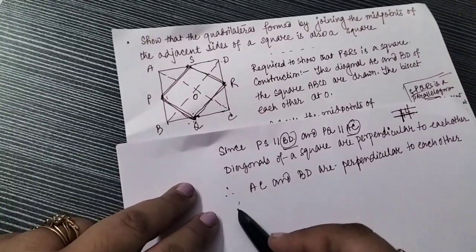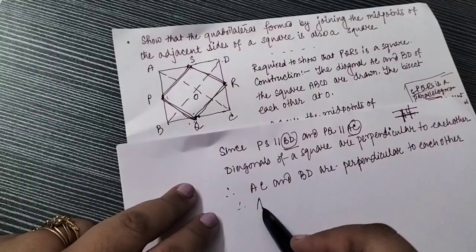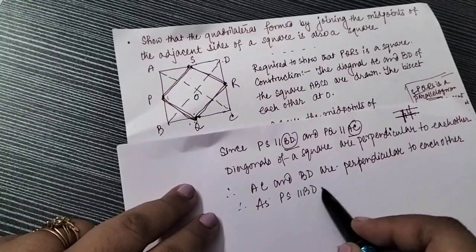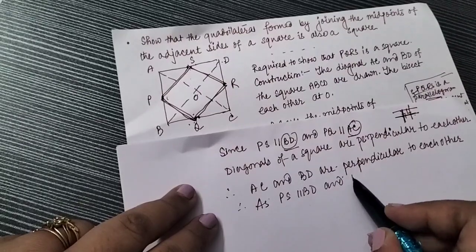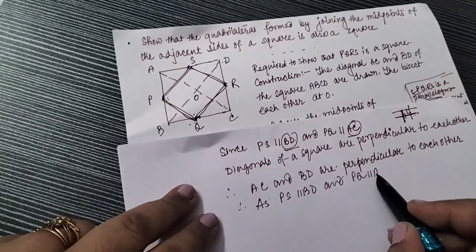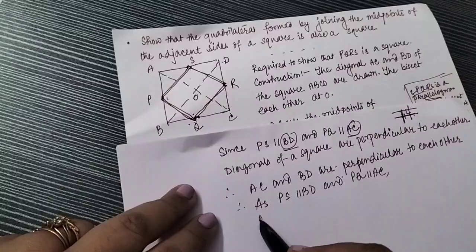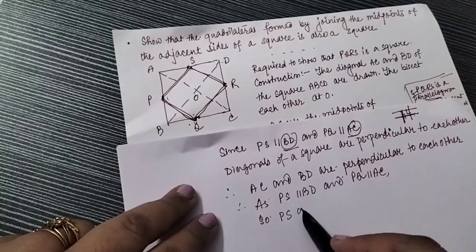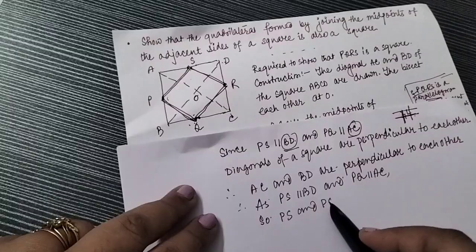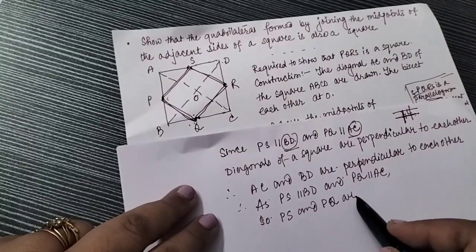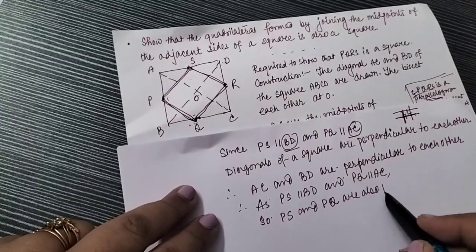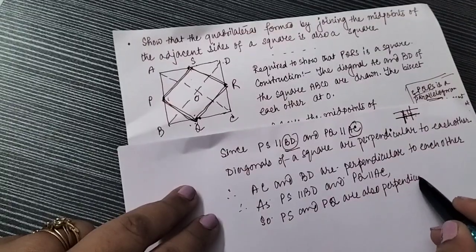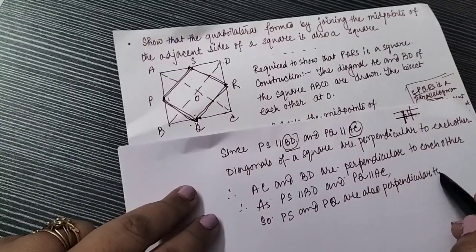Therefore, as PS is parallel to BD and PQ is parallel to AC, PS and PQ are also perpendicular to each other.